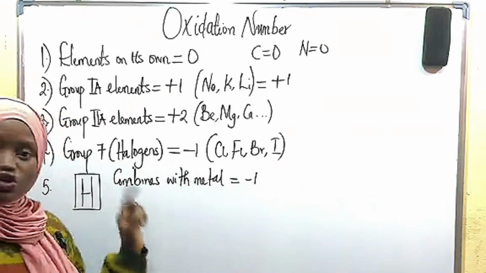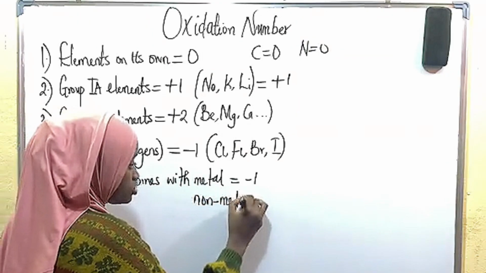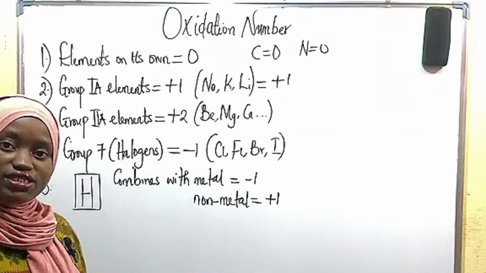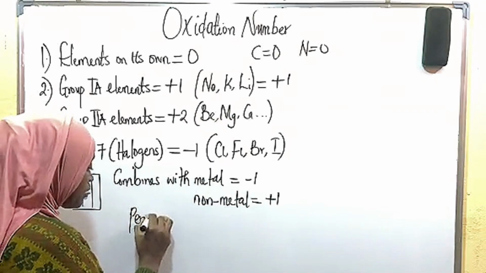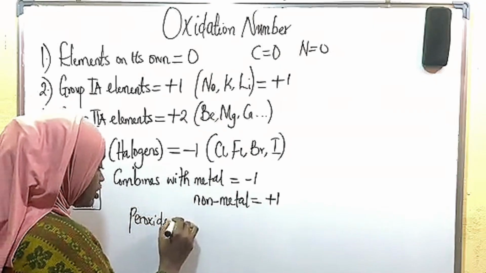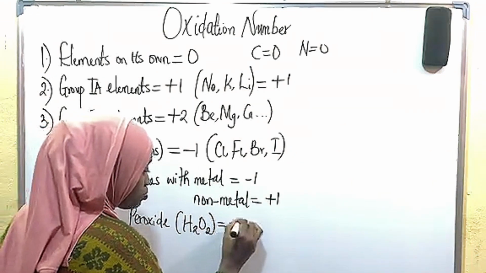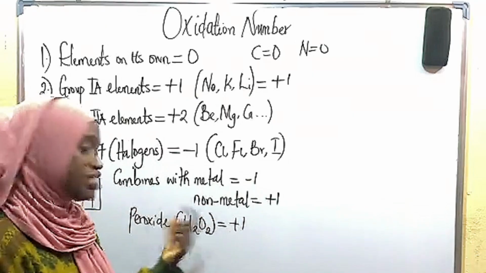But when hydrogen combines with a non-metal, the oxidation number is +1. Then when hydrogen exists as a peroxide, for example, hydrogen peroxide, the oxidation number of hydrogen is equal to +1.